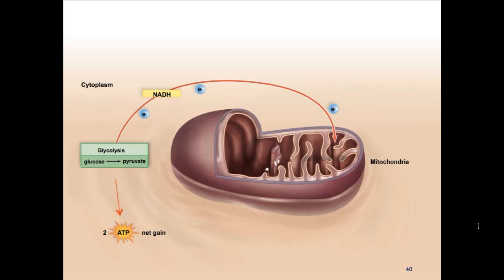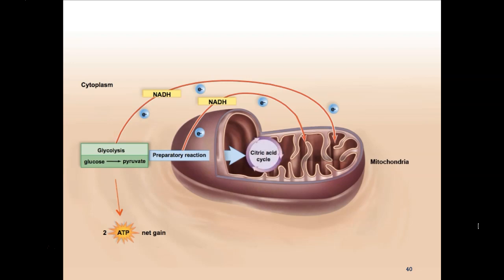As the pyruvate molecules move into the mitochondria, they enter the preparatory reactions. These reactions rearrange the chemical bonds of the pyruvate, forming acetyl-CoA. In the process, some NADH is released. Following the preparatory reactions, the acetyl-CoA molecules enter the citric acid cycle, also referred to as the Krebs cycle. Here, the remaining chemical bonds are broken, generating 2 molecules of ATP, carbon dioxide, and several molecules of NADH and FADH2.